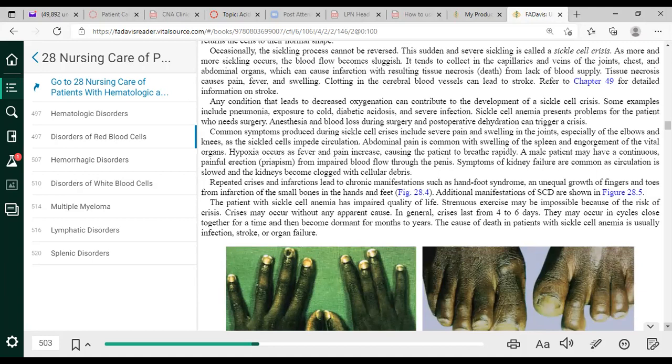Exercise, where our body demands more oxygen. Different things that affect breathing affect oxygenation. And again, with sickle cell, it can affect multiple areas of the body. It just depends on where the cells sickle.